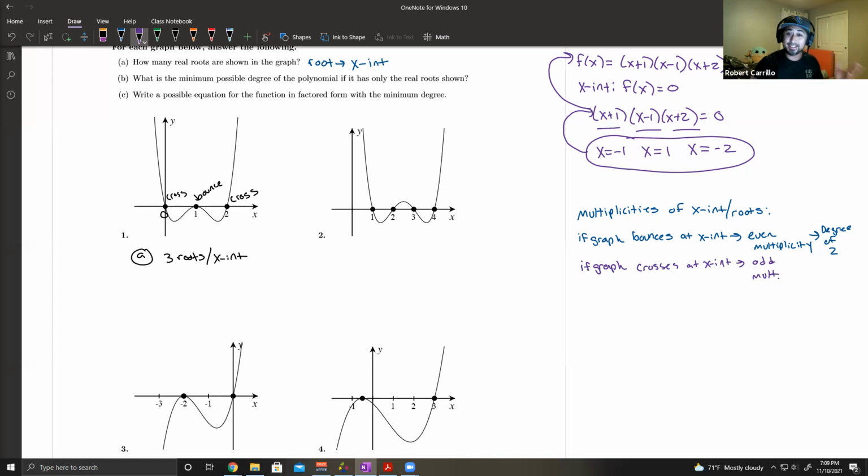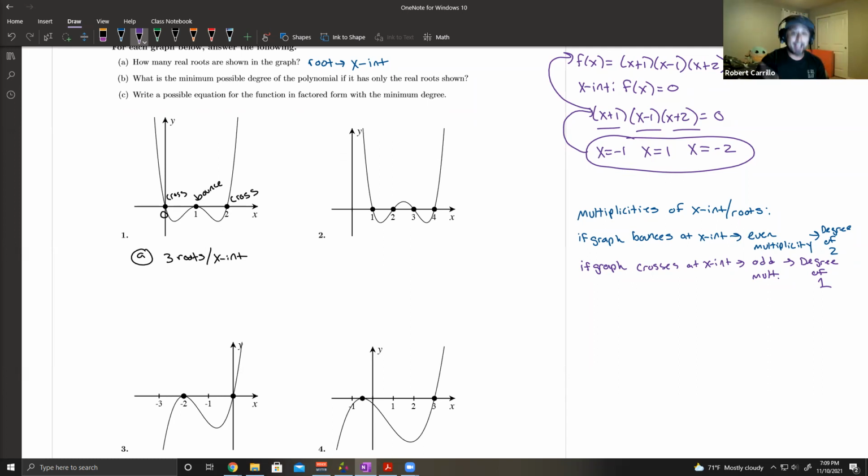And what is the smallest odd number? 1. So if you cross at an x-intercept, you will have a degree of 1. So even multiplicity, we have a degree of 2. Odd multiplicity, we have a degree of 1.